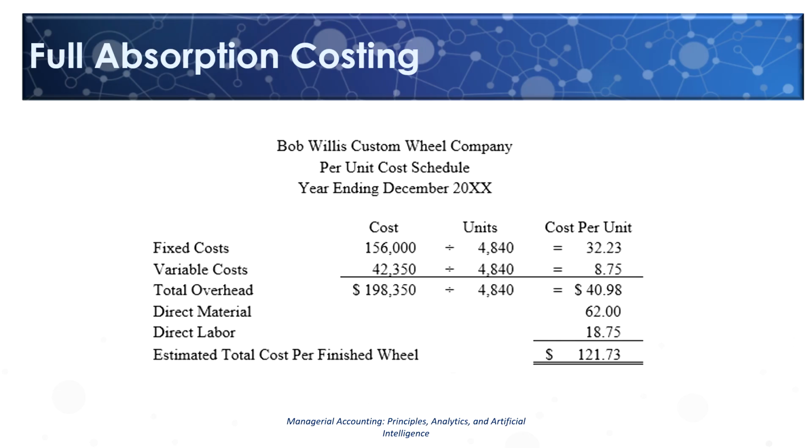Then we take the direct material and direct labor and divide those by units produced, or we can take that information off of our assumptions that we use to compute those respective budgets and tally up the total overhead per unit, direct material per unit, and direct labor per unit to get estimated total cost per finished unit. We'll use this to estimate our inventory costs later in the cost of goods sold budget.